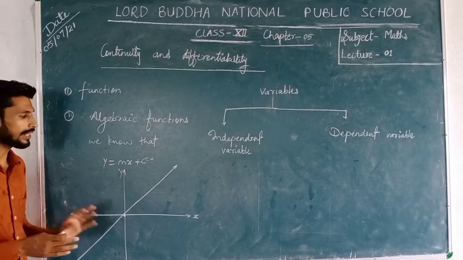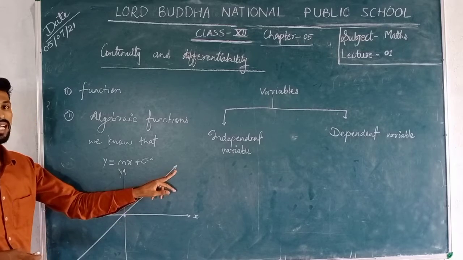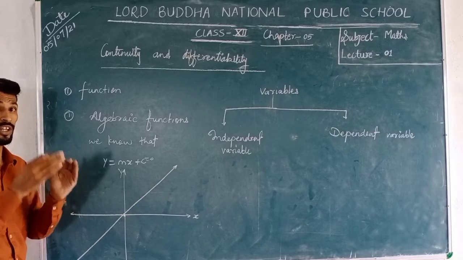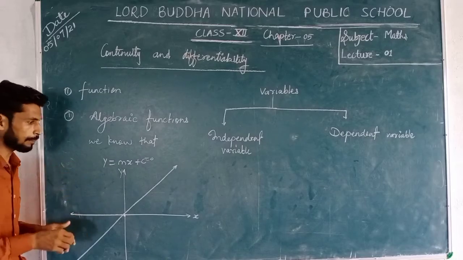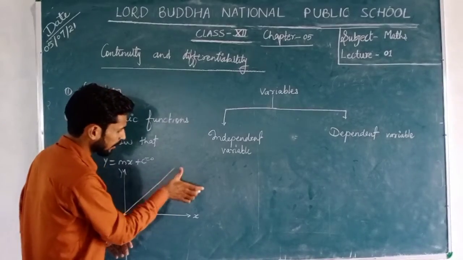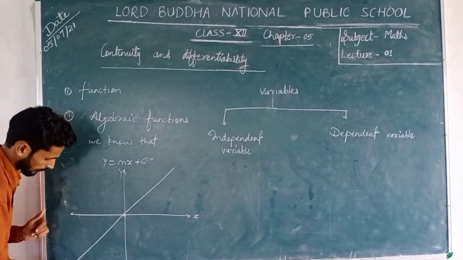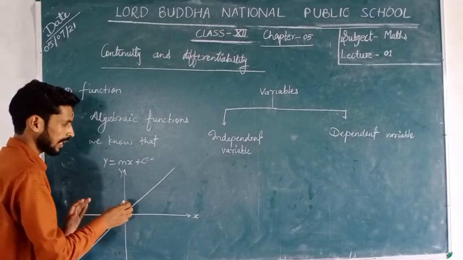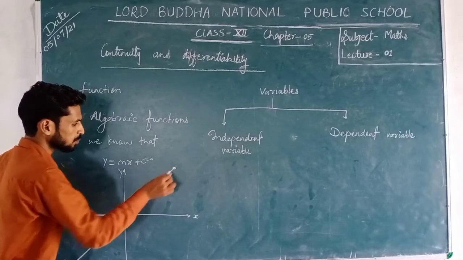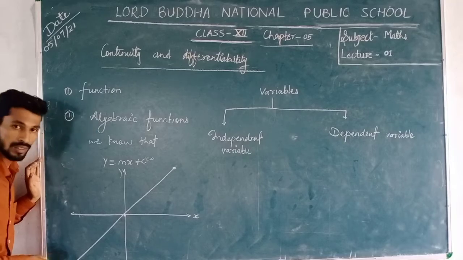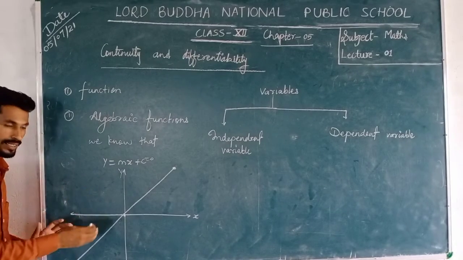If you are not writing the arrow here, that means the function will stop at that point. For example, if we remove the arrow of this function, that means this graph lies between this point to this point.